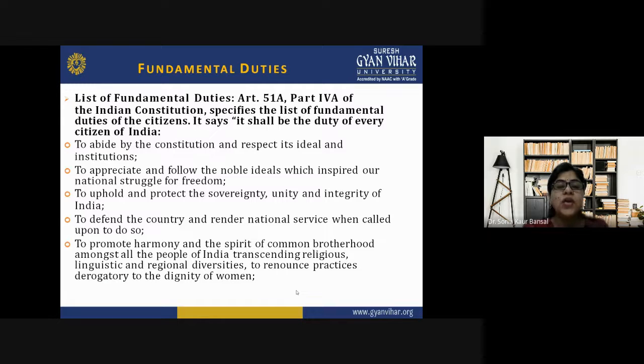To promote harmony and the spirit of common brotherhood amongst all the people of India, transcending religious, linguistic, and regional diversities, to renounce practices derogatory to the dignity of women. So this is how fundamental duties are also mentioned in the Constitution, and they are really important for every Indian citizen to follow rigorously.